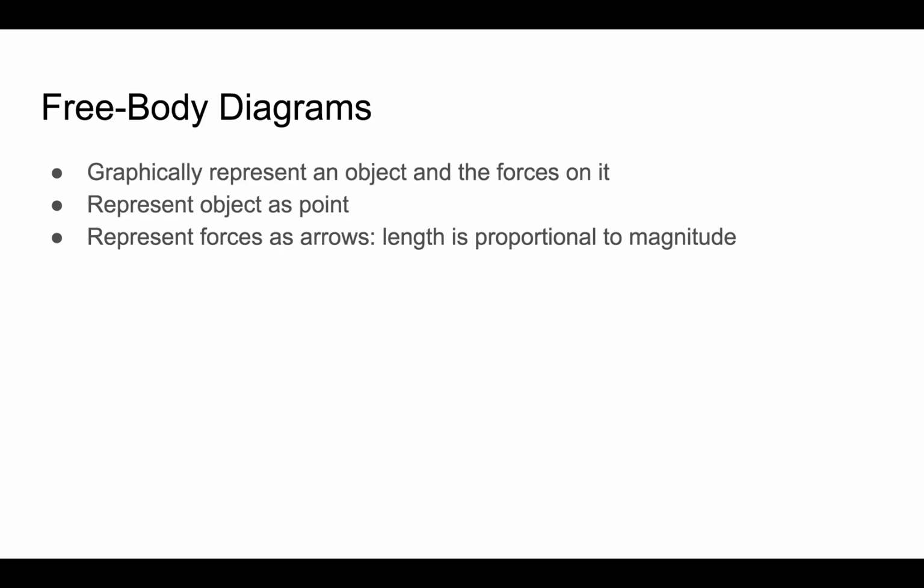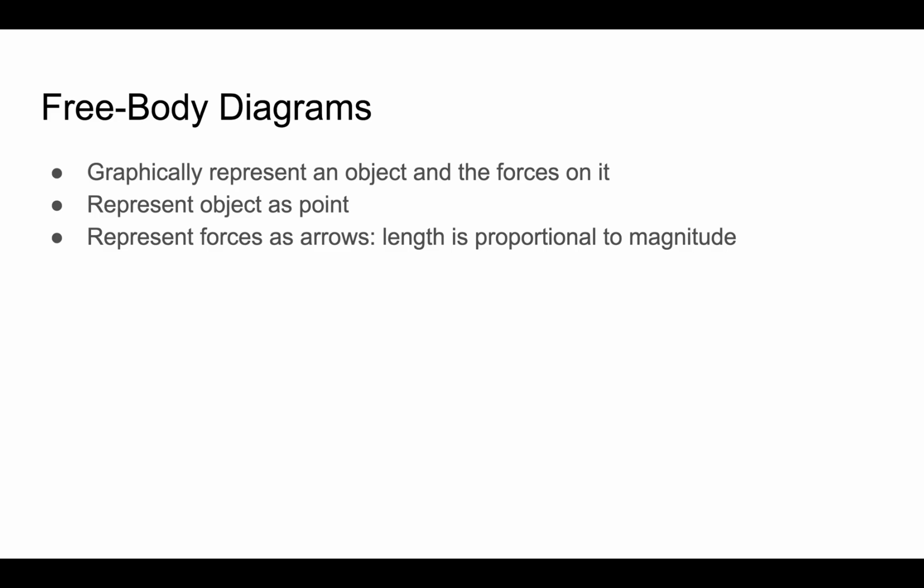All right, now we're going to go into free body diagrams. Like I said earlier, I believe in lecture 4, it's important to draw a diagram to give yourself a spatial conception of a problem. So basically what a free body diagram does is it allows us to graphically represent an object and all the forces acting on it.